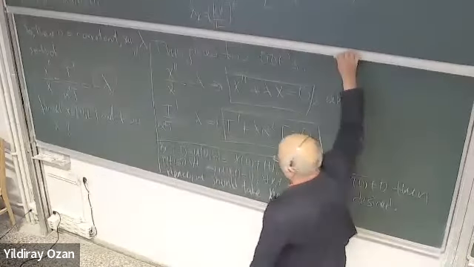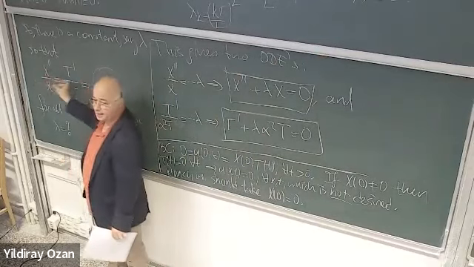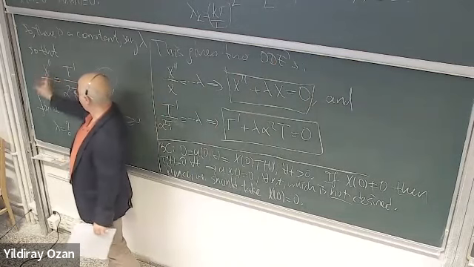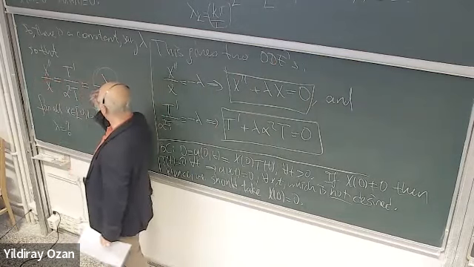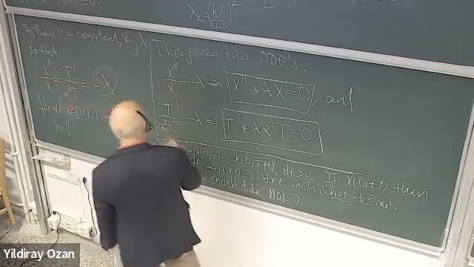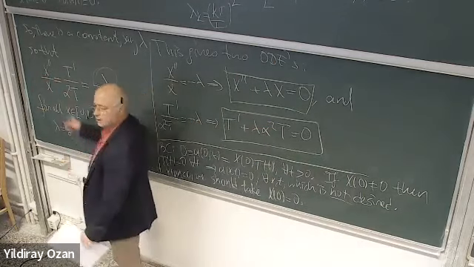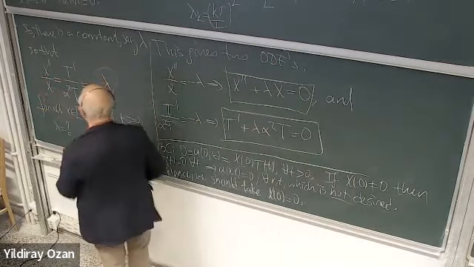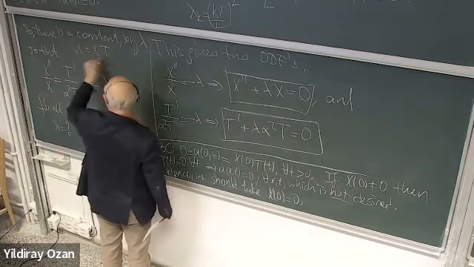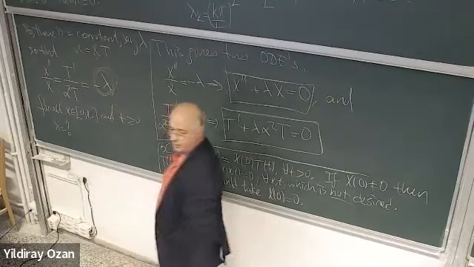Because you see, I use the same lambda for X and T. So for this lambda, if I obtain some X, for the same lambda, I should obtain a T, and then my solution would be just the product of X and T. Remember, u was X times T, but I should use the same lambda for both of them.